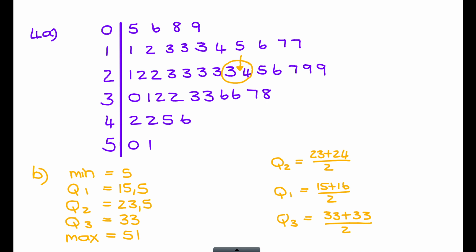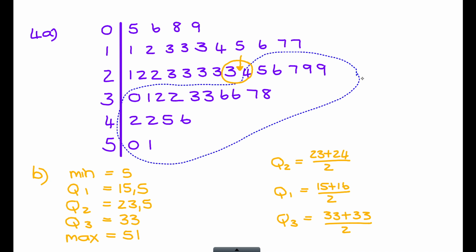Okay, now to get Q3, I'm going to take this part of my data, and I've got to get the middle of that. Can you see I'm including that 4 as well? Nee? Want hy is mos sê Q2 nie. Q2 lê tussen die 23 en die 24. Okay, nou dis weer 22 waardes.